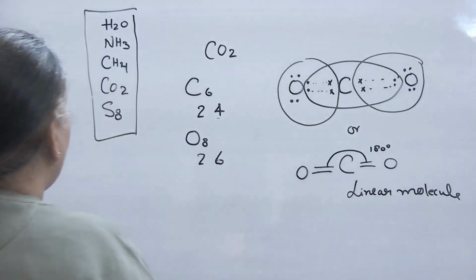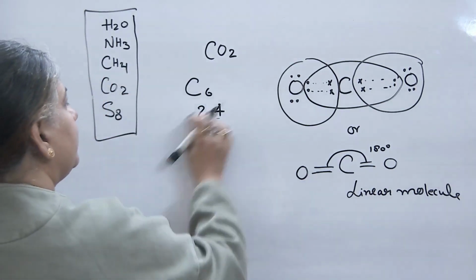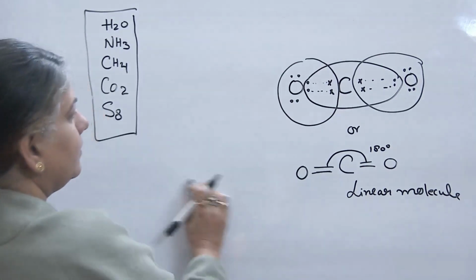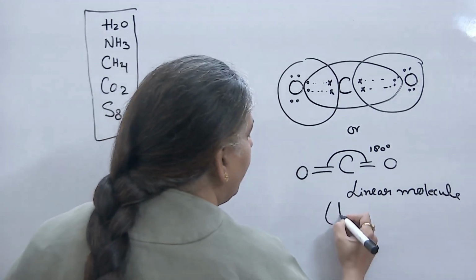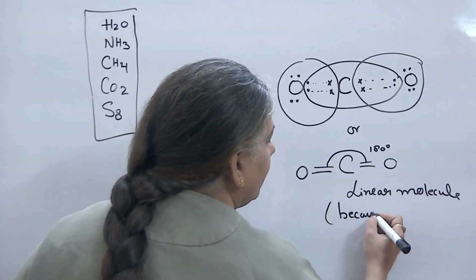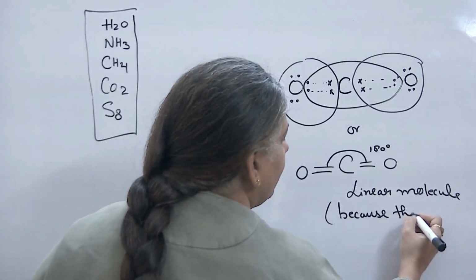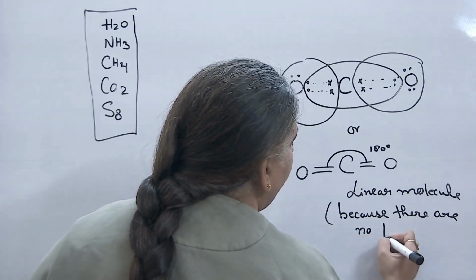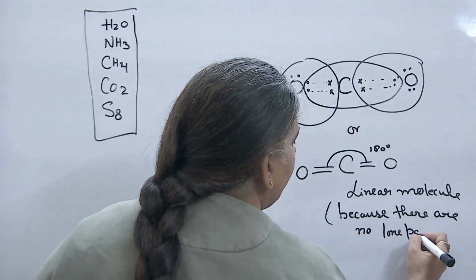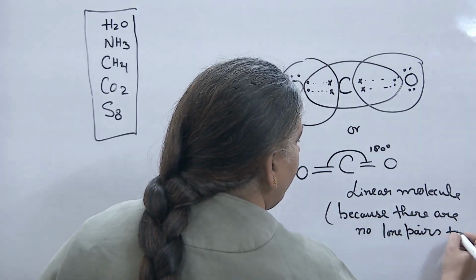Okay, let's take methane. So it is linear because, you can write the reason, there are no lone pairs to cause repulsion.